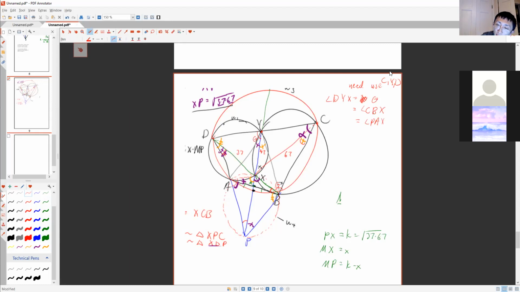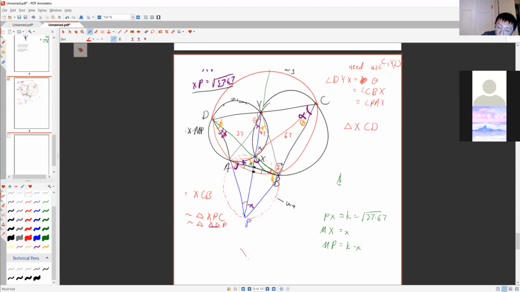Maybe we should look at XCD. I think XCD is a good triangle to look at. So XCD, let's just draw it separately. So we know this is 37, this is 47, and this is 67. This is X, this is Y, this is C, this is D in the diagram above.